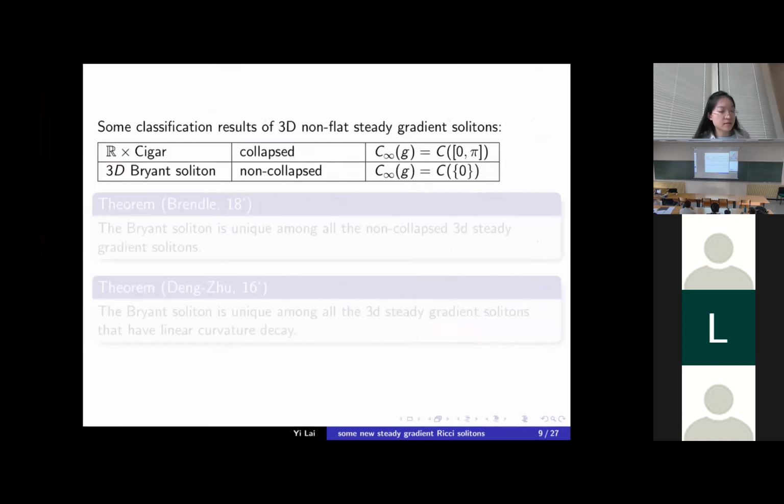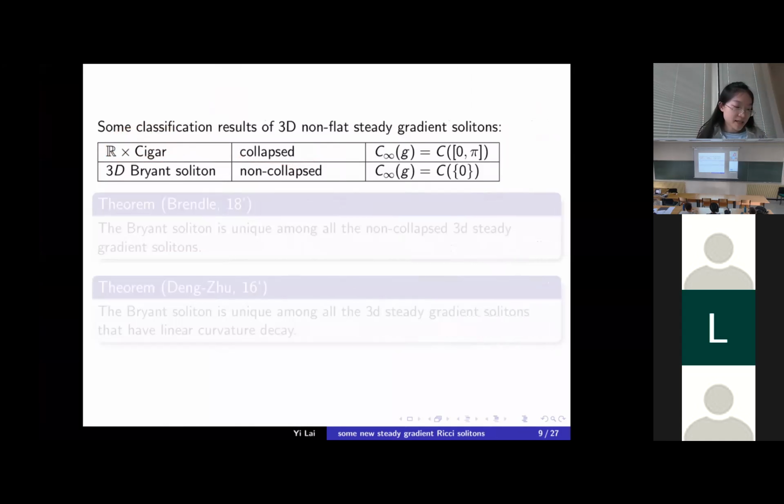Okay, so now let's come back to dimension 3 and see what we have about 3D static gradient solitons so far. So now we know two of them. One is that you can take a product of R and the cigar, and you get a static gradient soliton.